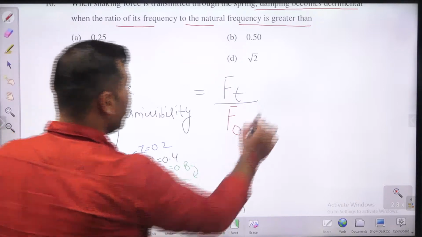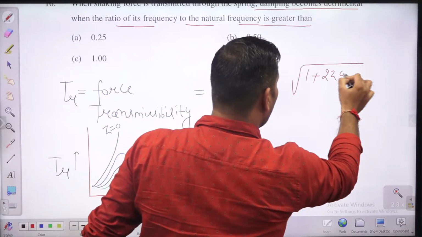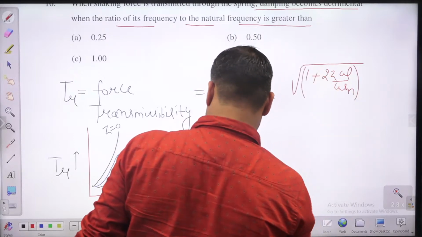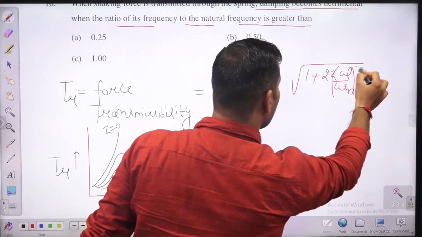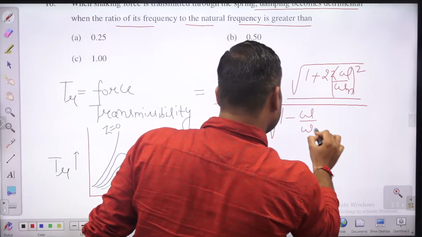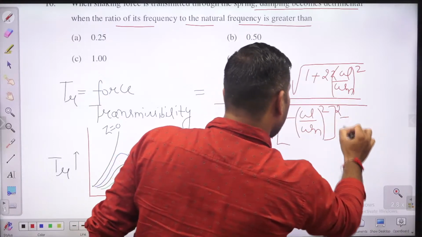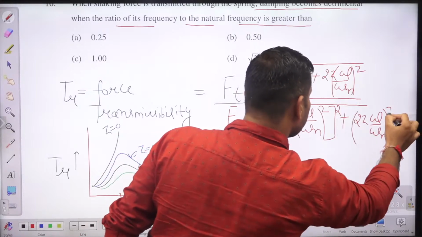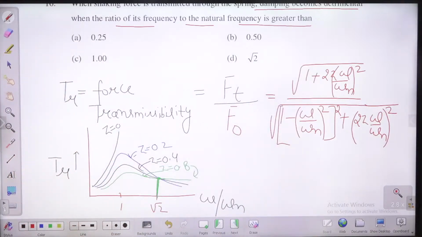Force transmissibility is the square root of 1 plus (2 zeta omega by omega n) squared, divided by the square root of (1 minus (omega by omega n) squared) whole squared plus (2 zeta omega by omega n) squared. So this ratio we have for the force transmissibility.